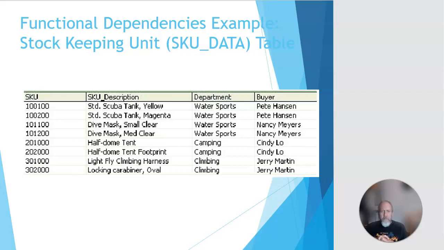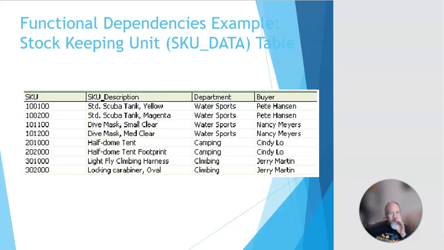In this case, we put the buyer in there. Really? You get the buyer into the table that has the SKUs. But if you know this specific SKU, now here's the question. Do we actually know that buyer? We do know the description, and it would make perfect sense for the department. But you kind of have to think about that.